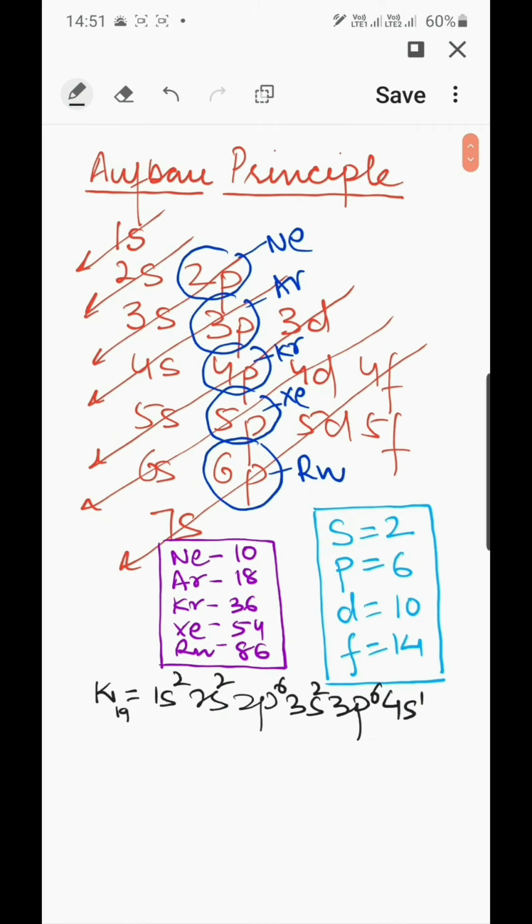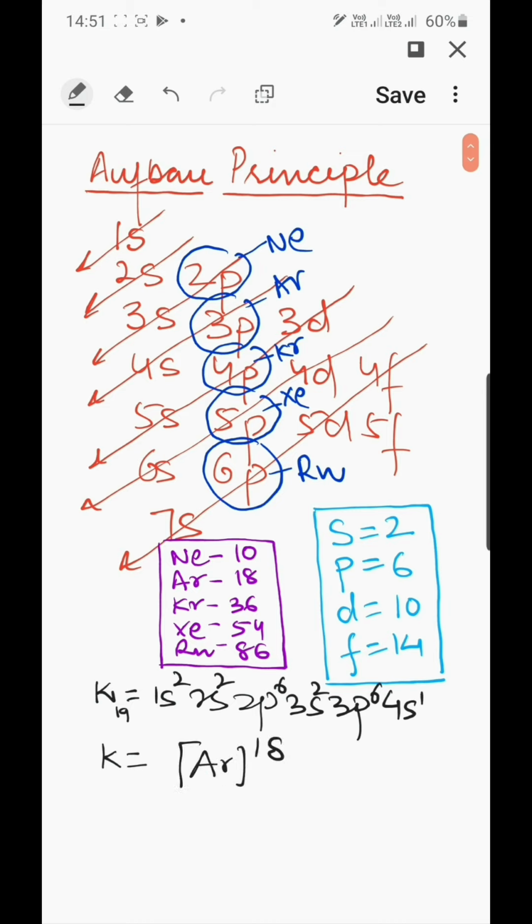Now I am going to teach you how to write the electronic configuration using noble gases. Suppose this is an example of potassium. Its atomic number is 19. So you have to select that noble gas which has an atomic number less than 19, that is 18. So how can you write the electronic configuration using a noble gas? That is, potassium is equal to argon 18.